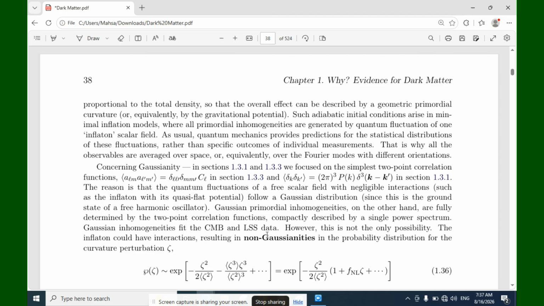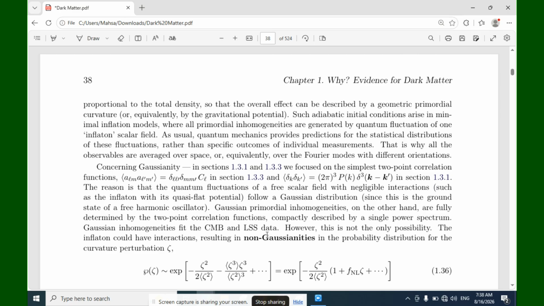Concerning Gaussianity, in sections 1.3.1 and 1.3.3, we focus on the simplest two-point correlation functions: ⟨a_lm a*_l'm'⟩ = δ_ll' δ_mm' C_l in the angular case, and ⟨δ_k δ_k'⟩ = (2π)³ P(k) δ³(k − k') in the Fourier case. The reason is that the quantum fluctuations of a free scalar field with negligible interactions, such as the inflaton with its quasi-flat potential, follow a Gaussian distribution, since this is the ground state of a free harmonic oscillator.